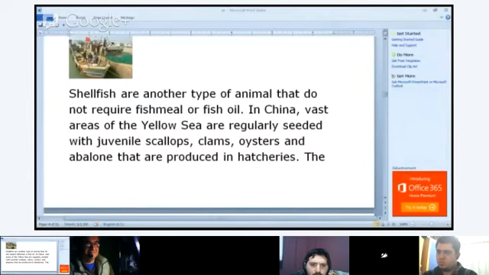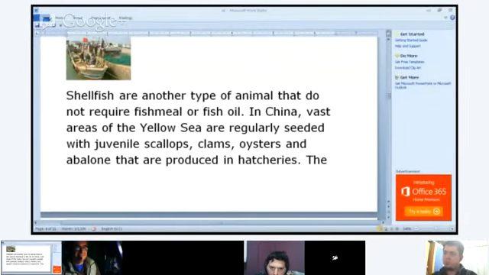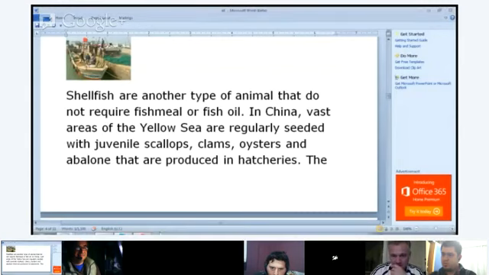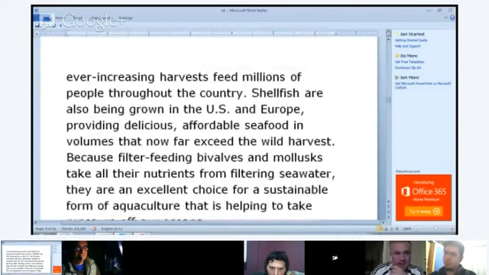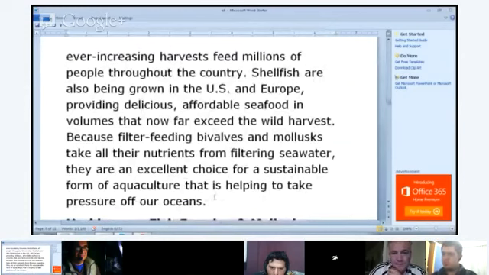Shellfish are another type of animal that do not require fish meal or fish oil. In China, vast areas of the Yellow Sea are regularly seeded with juvenile scallops, clams, oysters, and abalone that are produced in hatcheries. The ever-increasing harvest feeds millions of people throughout the country.